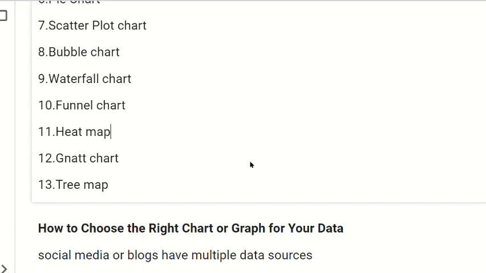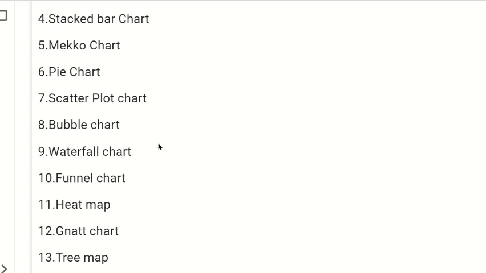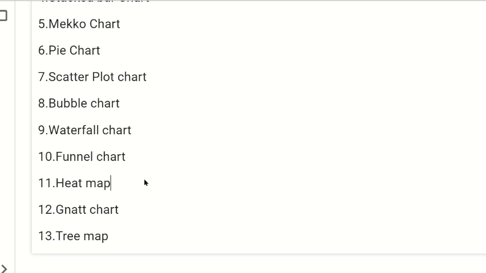Okay, Gantt chart, I don't know. Tree map, I know. Tree map is also like a funnel, I think. Tree map looks like a waterfall.